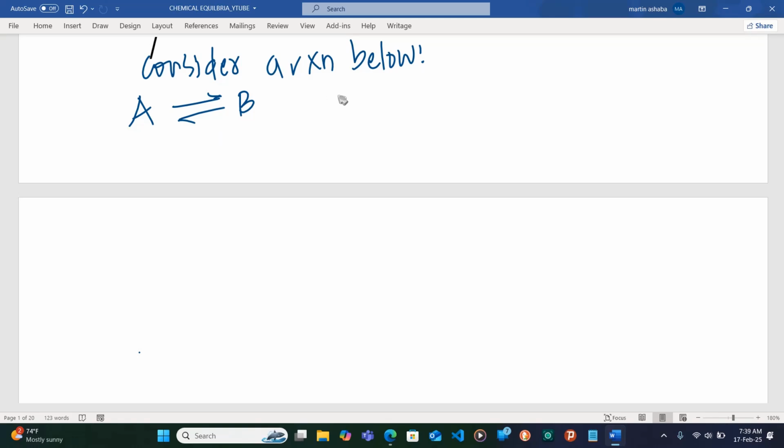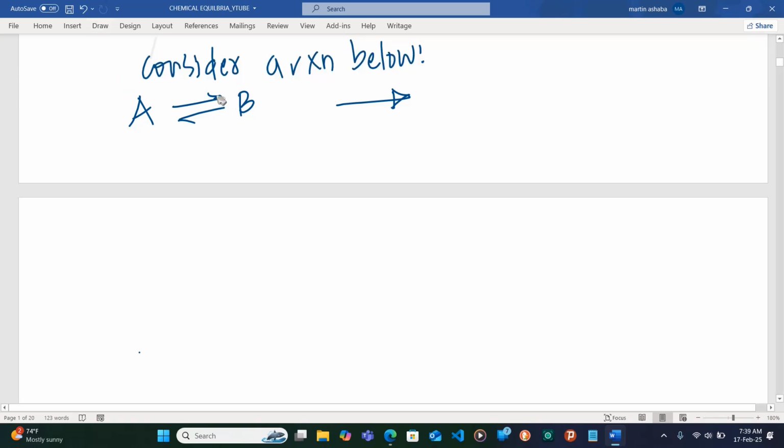While in the rest of the chemical reactions, we use a full forward arrow. In chemical equilibrium, we don't use a full forward arrow, but we use these arrows, one pointing this side, another one pointing forward, because we are going to be having both forward and reverse reactions taking place.